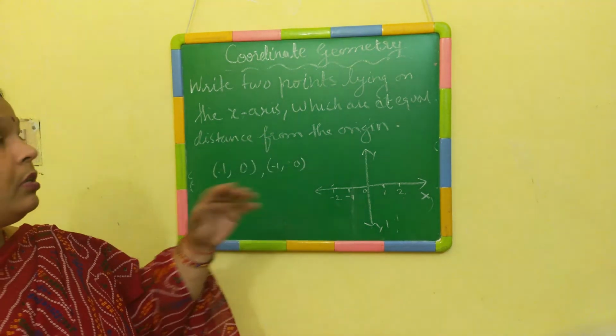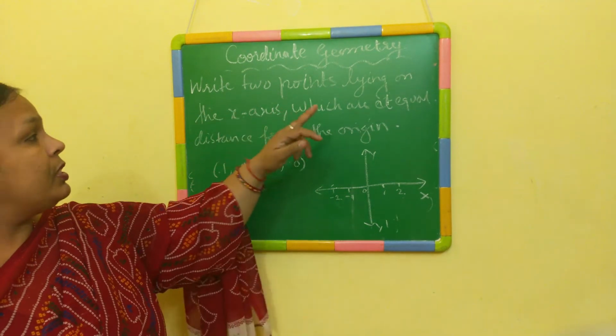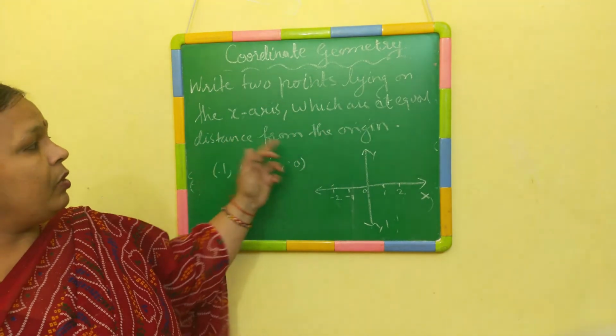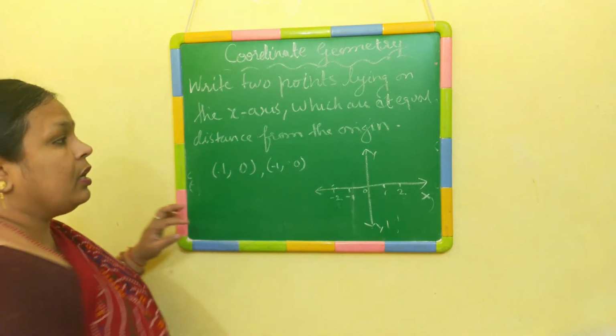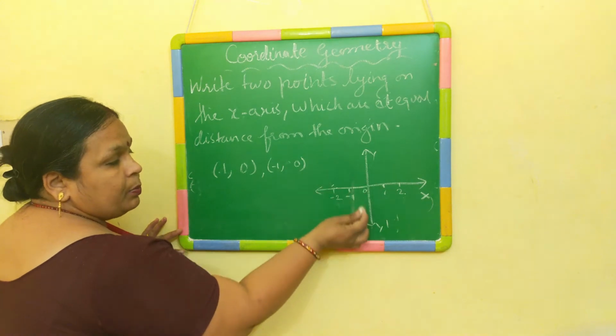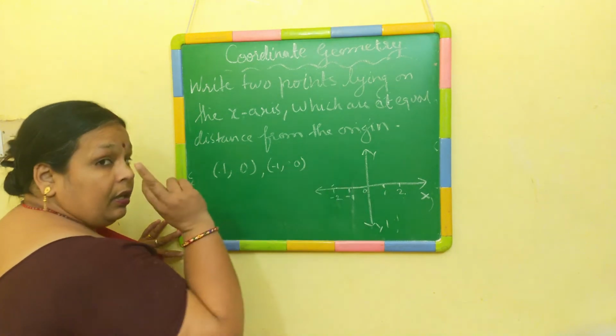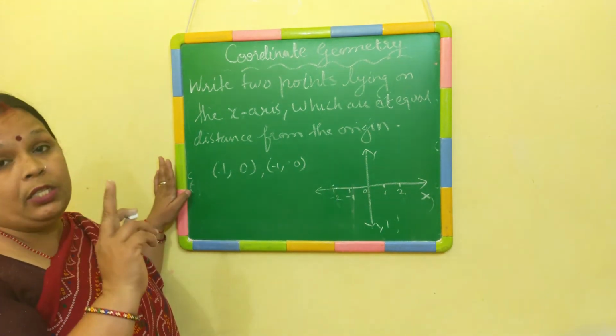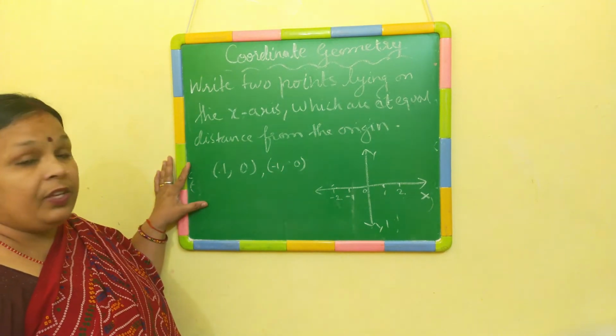Similarly, if the question is turned around and it is asked, write 2 points lying on the y-axis which are equidistant from the origin, in that case you will be taking this perpendicular distance and there you will be mentioning x as 0. Clear? So we have seen this.